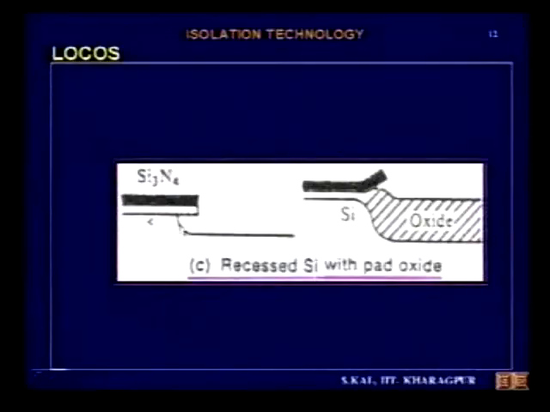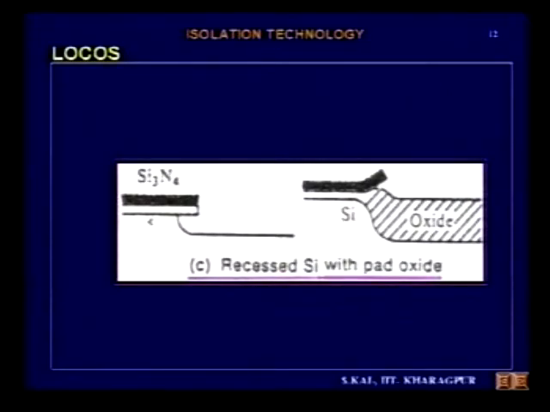So here you see this is a recessed silicon with pad oxide. After the pad oxide is formed, some of the silicon is etched away. With a pre-calculation of how much you have to etch, you have to pre-calculate how much silicon dioxide you have to form.